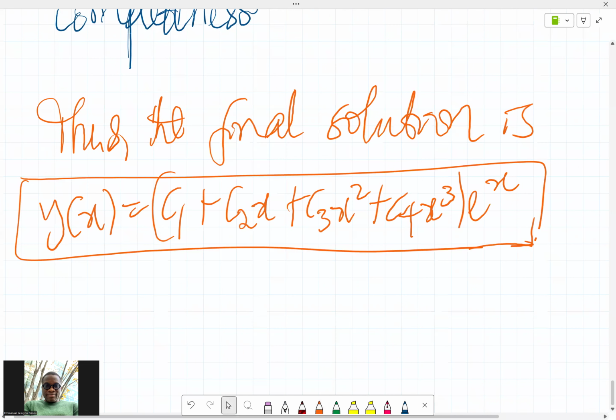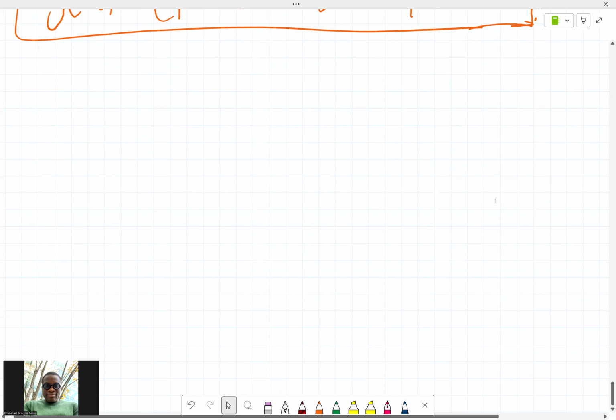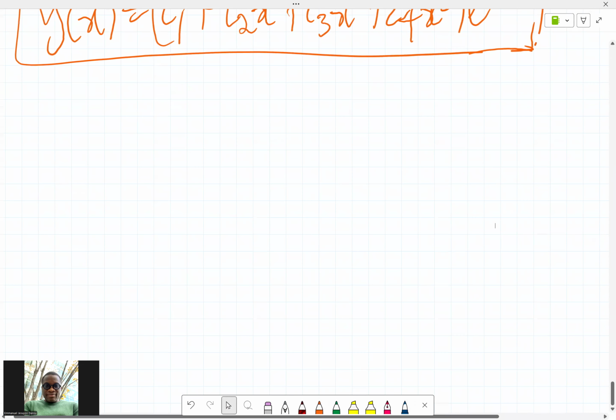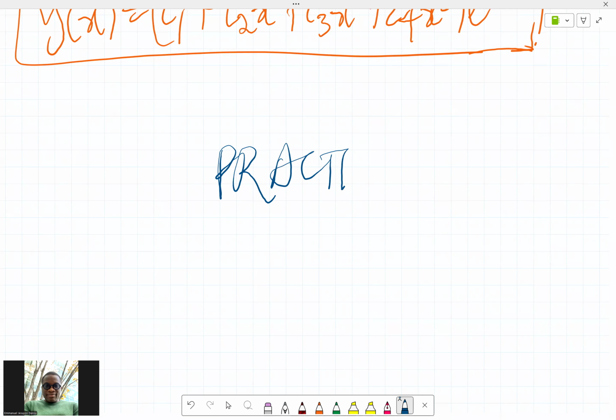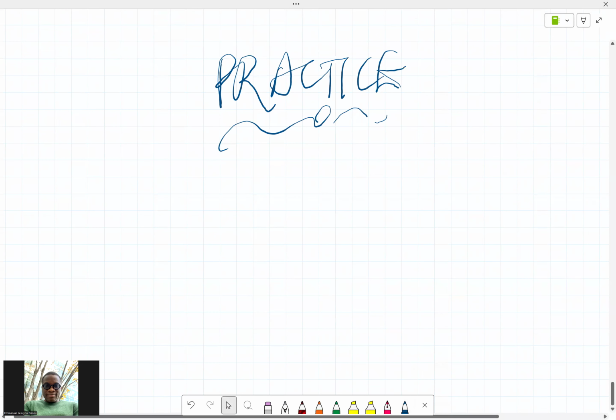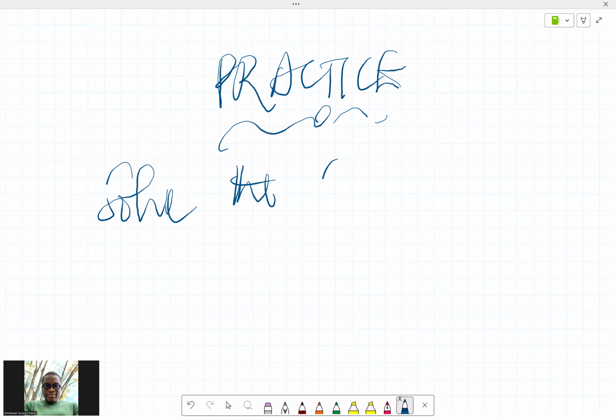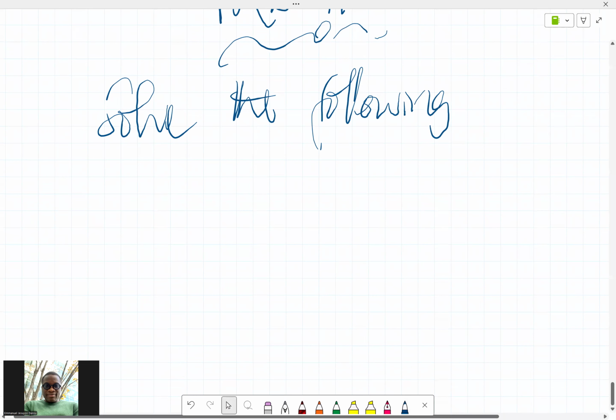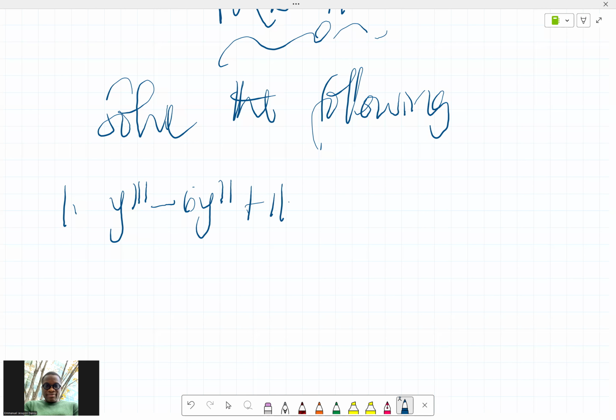Okay, so on this note, we have come to the end, but before you go, we want to look at some practice. So do you want to try some out? Solve the following higher order ordinary differential equations, right? First, you can have y triple prime, third order, minus 6y double prime plus 11y prime minus 6y equals 0.